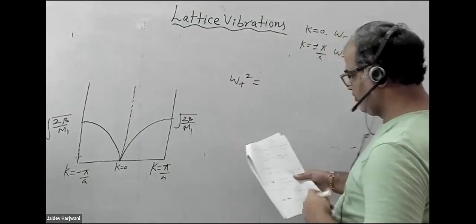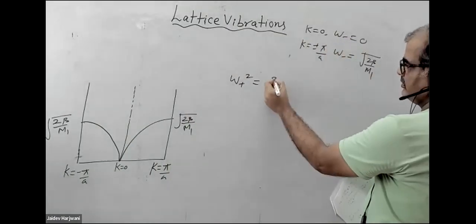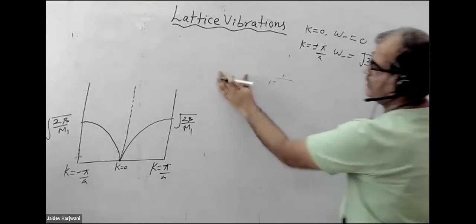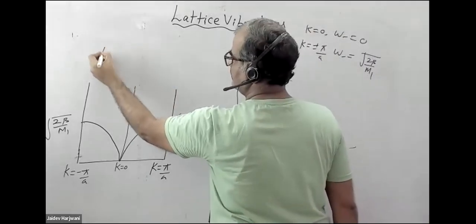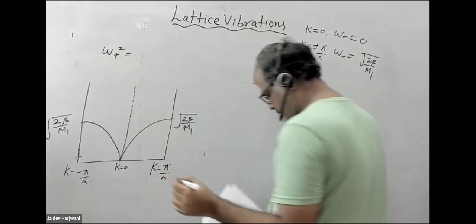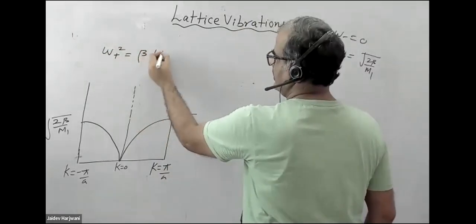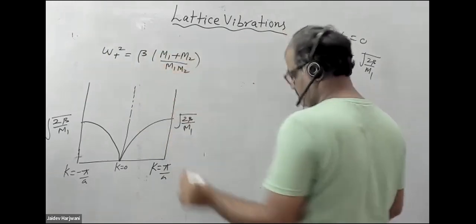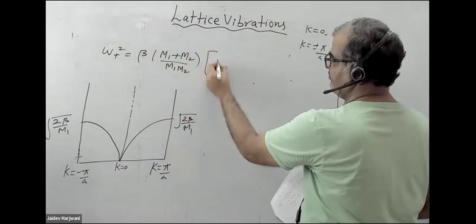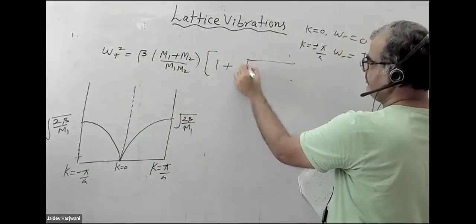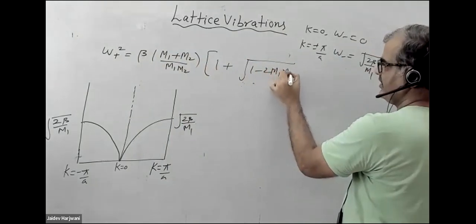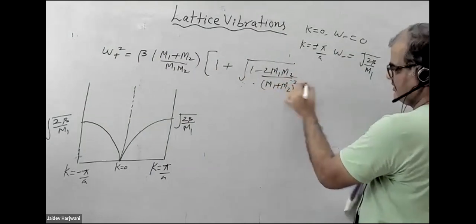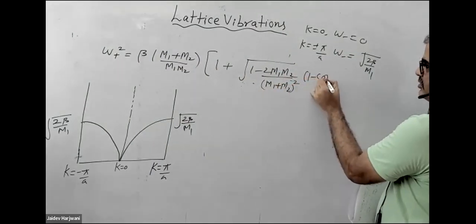Omega plus square will be equal to beta (m1 plus m2) upon m1 m2, and we have 1 plus under root 1 minus 2 m1 m2 upon (m1 plus m2) square times (1 minus cos ka).